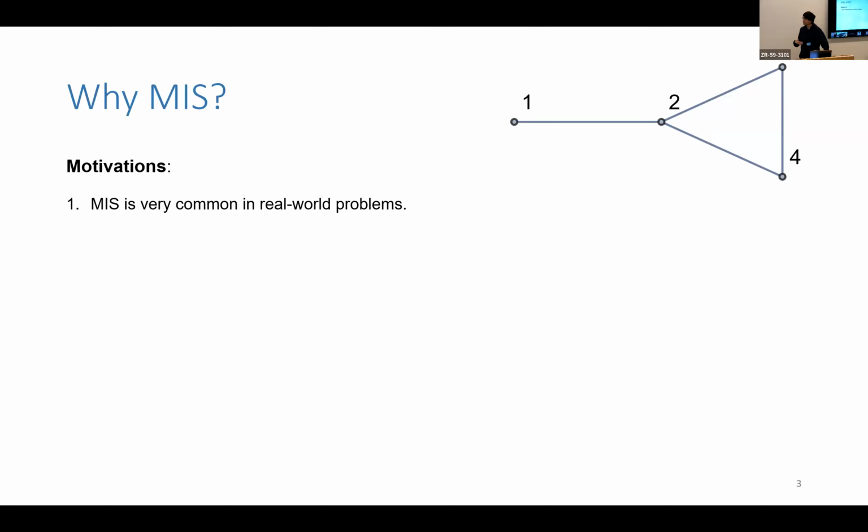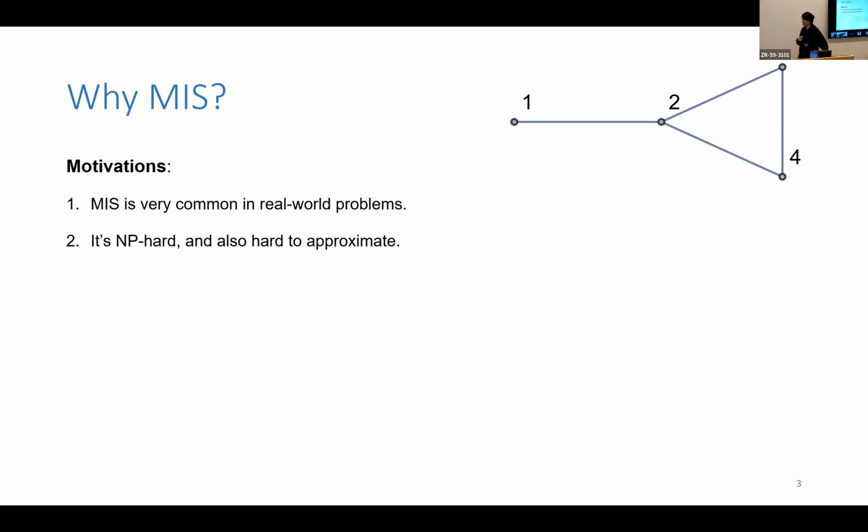Before that, I will briefly introduce the problem and its hardness from the classical side, just to get some grasp of how hard it is and where the hardness comes from. MIS itself is a very common problem in real world settings such as social media or transportation systems, and it is NP-hard.